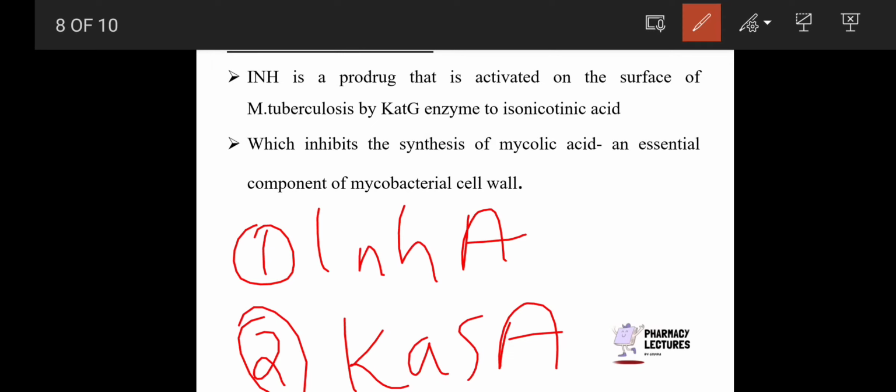As we know, isoniazid is a prodrug which is activated to isonicotinic acid by the KatG enzyme, and the activated drug covalently binds to these two enzymes and inhibits them, which are essential for the synthesis of mycolic acid. So, isoniazid acts by inhibiting the synthesis of mycolic acid. That's all about the mechanism of action of isoniazid.